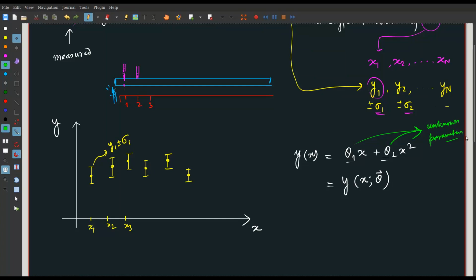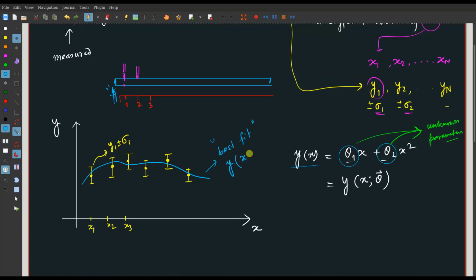Now remember, if you tweak this theta 1 and theta 2, then the functional form of this y of x will change, and there can be different y of x depending on the values of theta 1 and theta 2. So you have to figure out the values of theta 1 and theta 2 for which the plot of y of x describes the data to the best extent possible. Okay, so this is the best fit y of x.